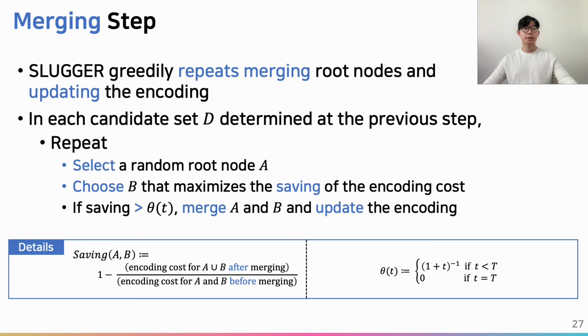If the saving exceeds a threshold theta at iteration T, SLUGGER merges A and B and updates the encoding. Due to the threshold, selected root node pairs are not merged if merging them does not reduce the encoding cost much. Thus, pairs with a larger reduction can be merged first.